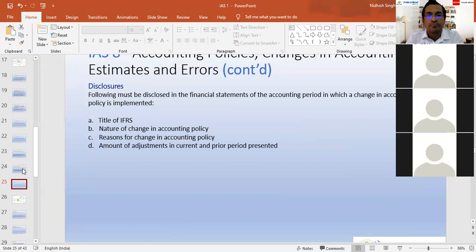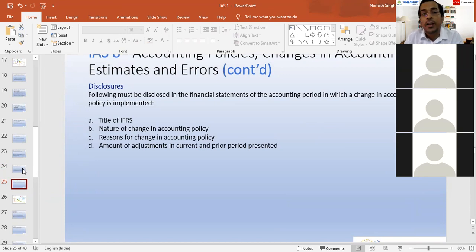What are the disclosures for the financial statement in relation to accounting period? So, title of IFRS. Why are we talking about the title of IFRS? If there is any change in accounting policy driven by the accounting standard, IFRS or IAS, you need to mention that detail, like the title of IFRS, what change is propounded or required by it, and why you have decided to take this change.